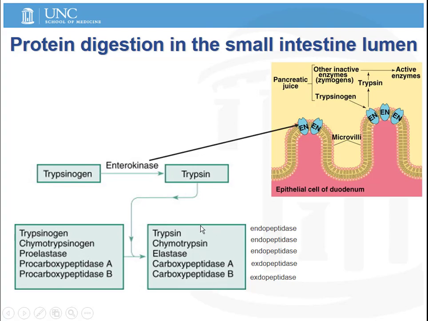And as you can see here, the trypsin, chymotrypsin, and elastase are all endopeptidases, while the carboxypeptidases are exopeptidases, which cleave that end amino acid off, resulting in release of a free amino acid.